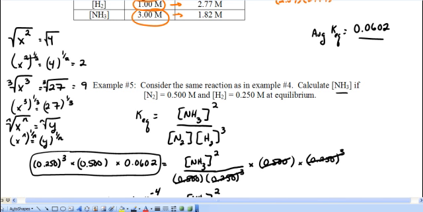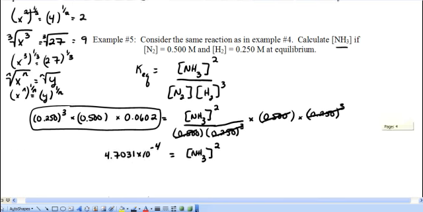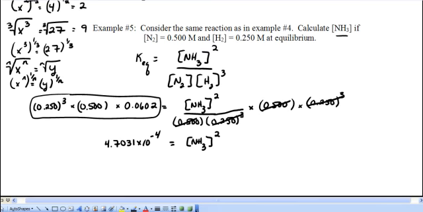And if you need help with that, please see me in class, and I'll be happy to go over that in a little more detail. All right, so where were we? Scrolling down here, the square of the ammonia concentration is equaling this value over here, the 4.7031 times 10 to the negative 4. So I'm going to raise both sides to the 1/2 power.